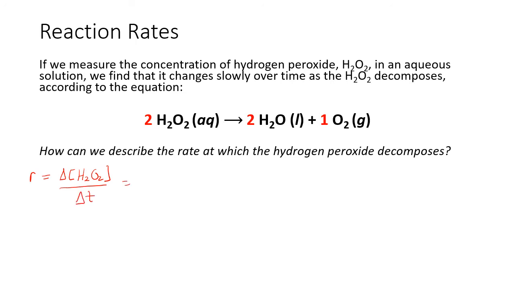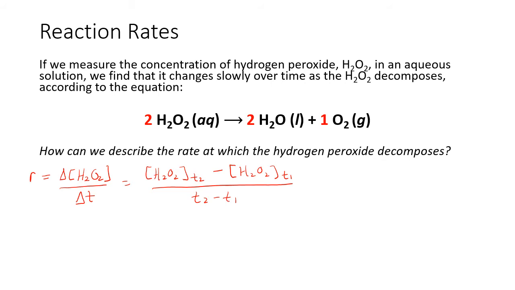And what that really means is that we're going to have the concentration of hydrogen peroxide at some time, we'll call it T2, minus the concentration of hydrogen peroxide measured at a different time, we'll call it T1, divided by T2 minus T1. This will give us the rate of the change in molarity per second.